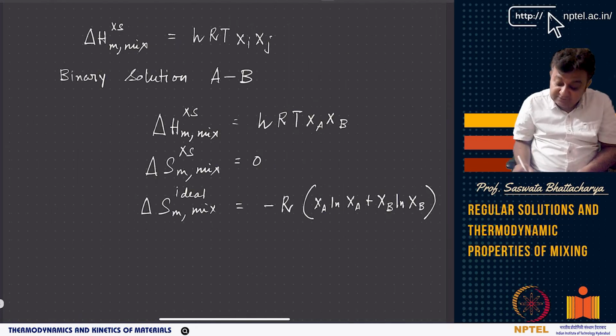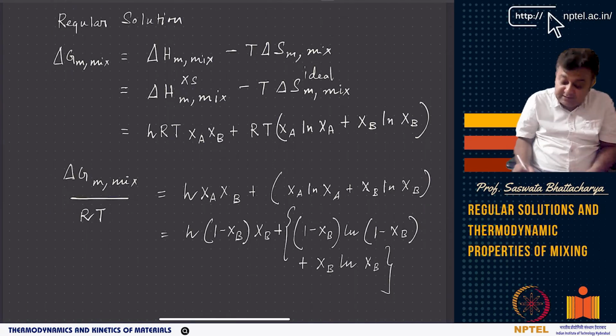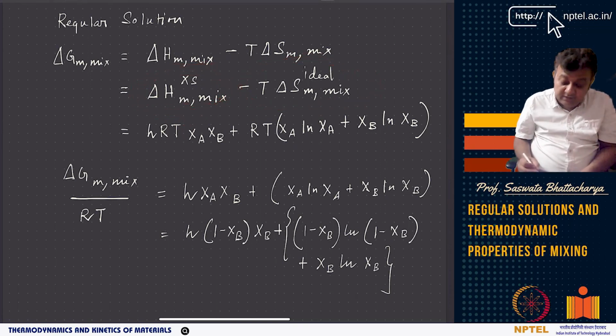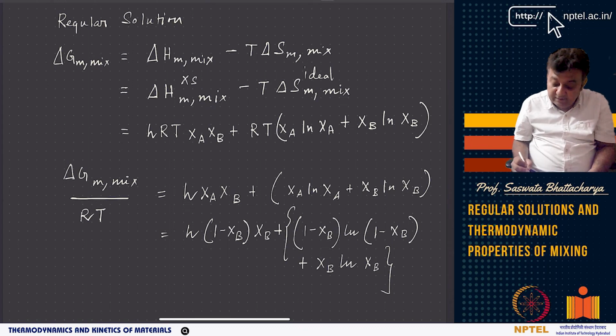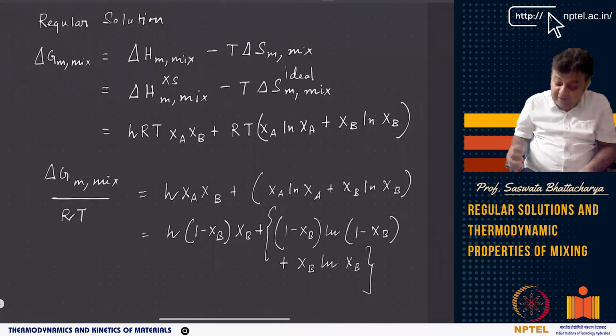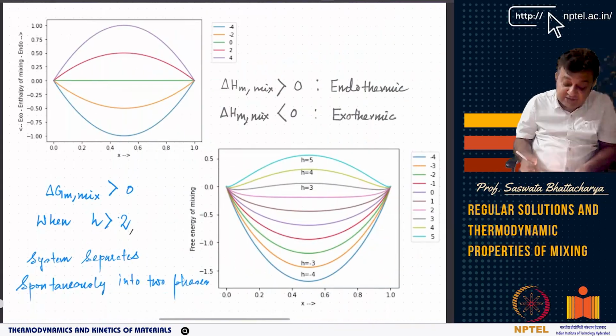Now if you do that, you get h RT xA xB plus RT Σ xi ln xi. Small h RT, because that's what we started with. Now, if I divide by RT, we get h times xA xB plus xA ln xA plus xB ln xB, which is h(1 minus xB) xB plus the log terms. So with xB as the independent variable, and xA plus xB equal to 1, if I plot this for different values of h, this is what I get.